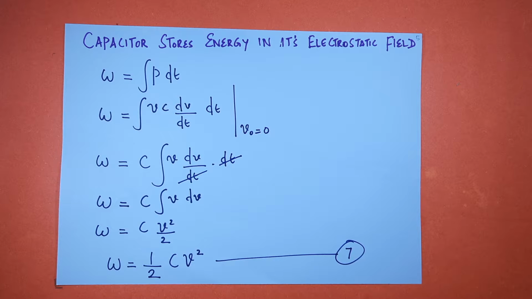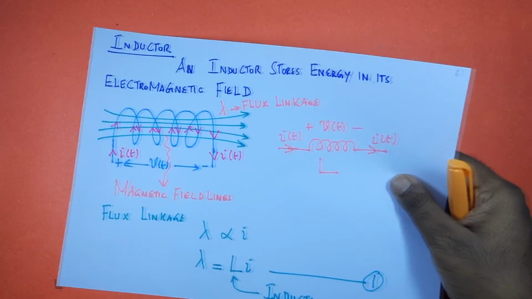So W equal to C integral V dv by dt into dt, this dt gets cancelled. W equal to C integral V dv. W equal to C, you integrate this. So this is going to be V square divided by 2. W equal to half C V square. This we call equation number 7. So W equal to half C V square is the energy stored in the capacitor, the energy storage equation of the capacitor.